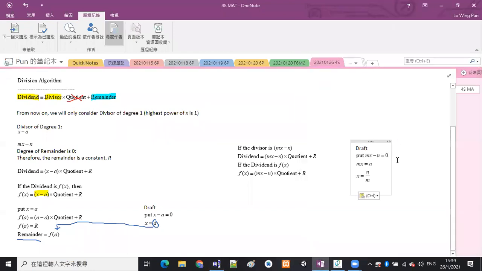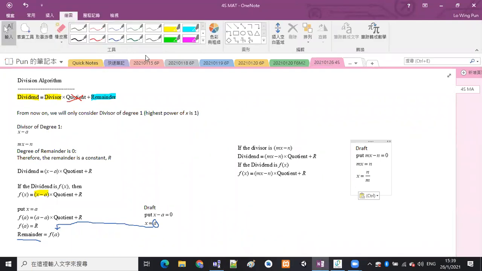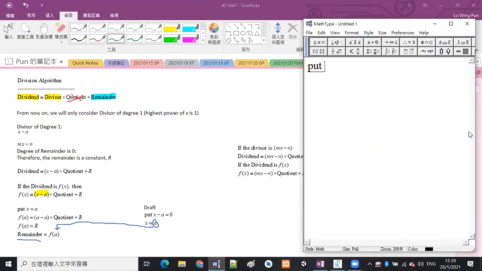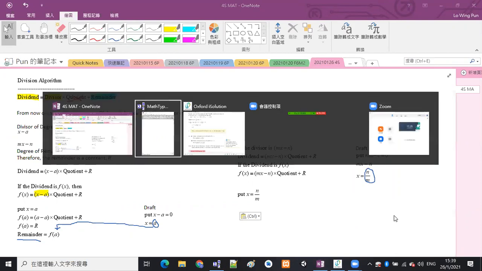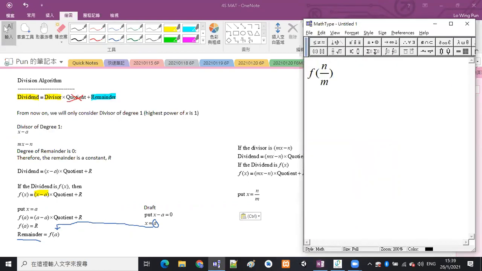right? Okay, and this n over m will be the number that we need to put into the function f(x) in order to calculate the remainder. Okay, so when you put x equals n over m, then this becomes f(n over m) is equal to m times (n over m) minus n times quotient plus remainder.